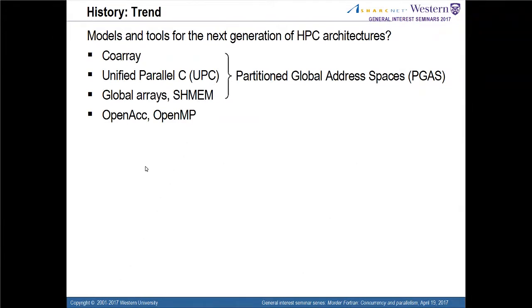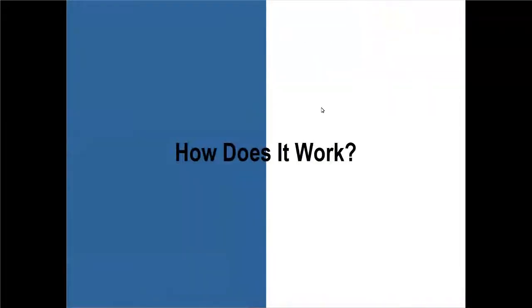As well, OpenMP, a compiler directive approach, and OpenACC are other tools that people can use for parallel programming. And the Coarray belongs to the former, the Partitioned Global Address Space. Okay, this is the trend. Now, how does it work? Let's take a look at some details.